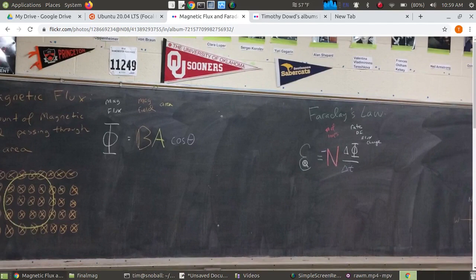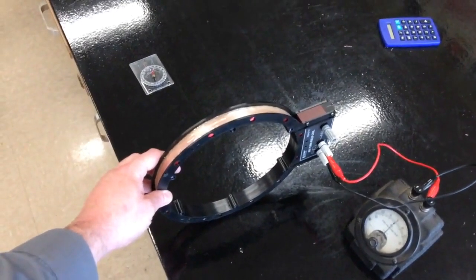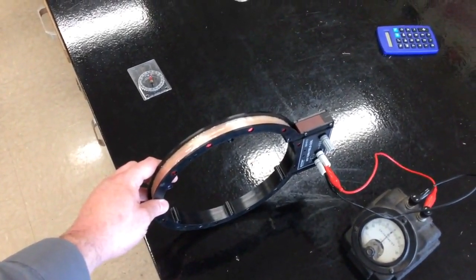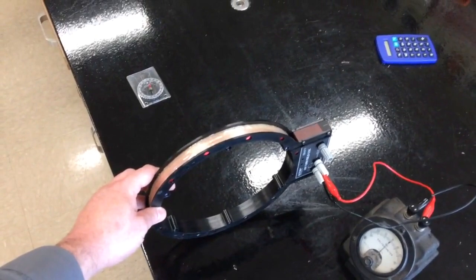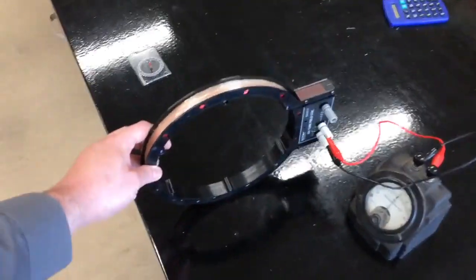Let's see if we can do a delta phi over delta t by changing the angle the coil is at. So I have a compass, and it shows that north, the Earth's magnetic field, appears to be pointing away from the camera. And that means there's magnetic field lines passing through this loop.